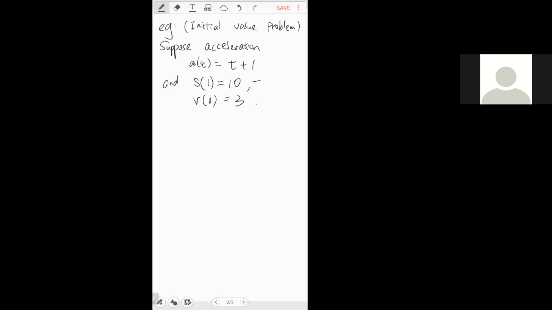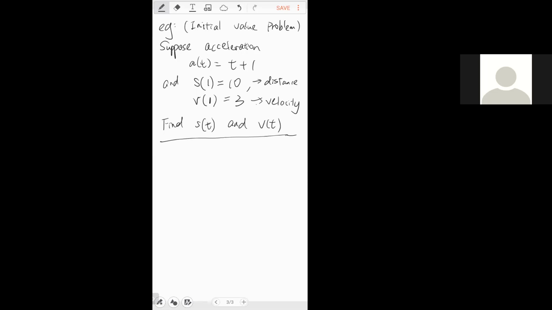So s of t is the distance function. v of t is the velocity. The question is find s of t and v of t. So find the distance and find the velocity.